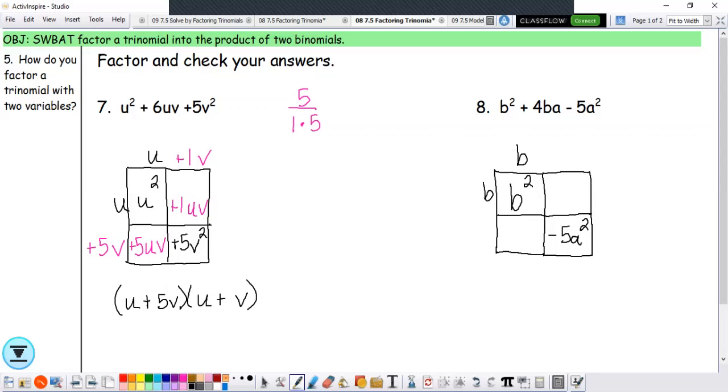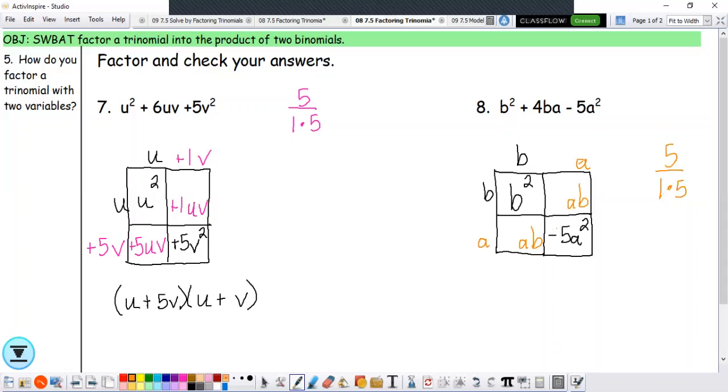And to get a squared, we know we will need a times a. So a times b, we know will give us ab in those two remaining corners. Again, we've got 5, and the factor pair for 5 is 1 and 5.